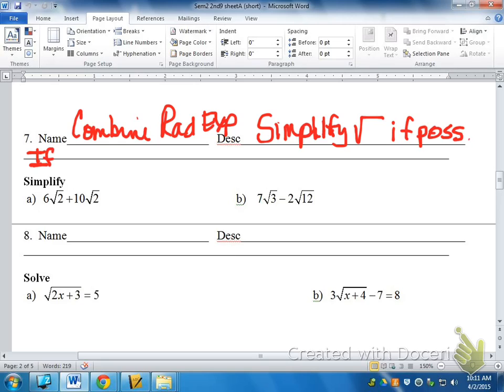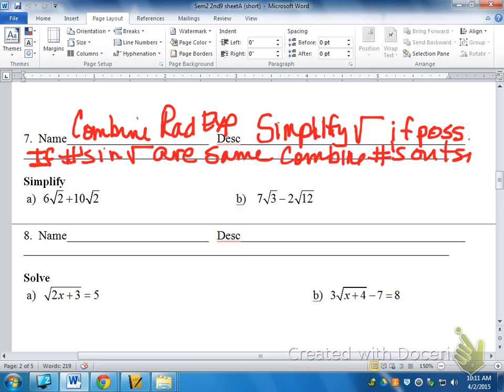If numbers in radical are the same, combine numbers outside. Okay, so basically radicals are the same as finding like terms with variables.